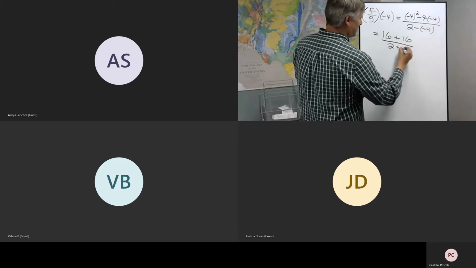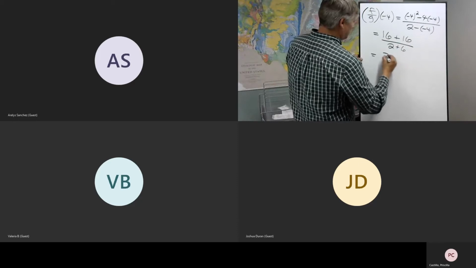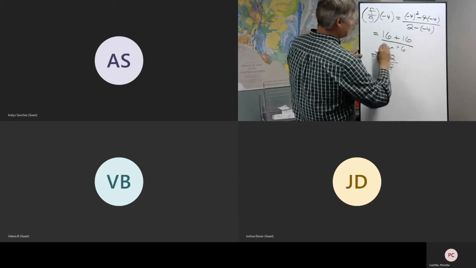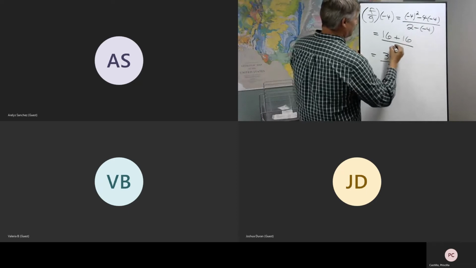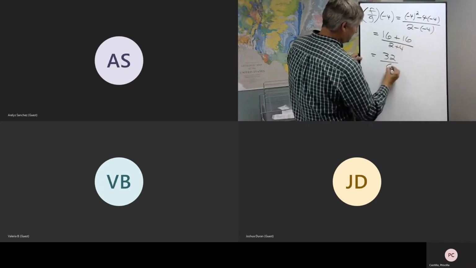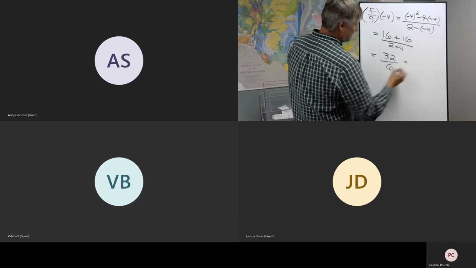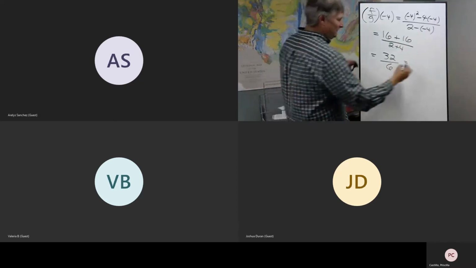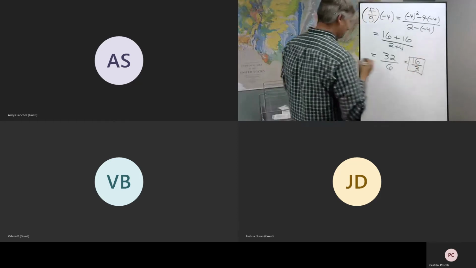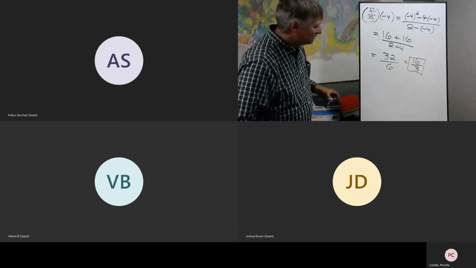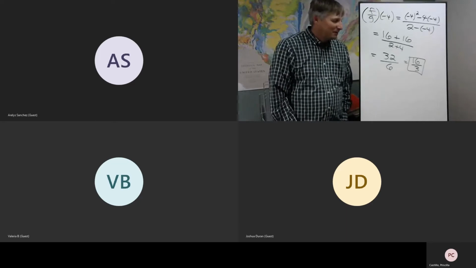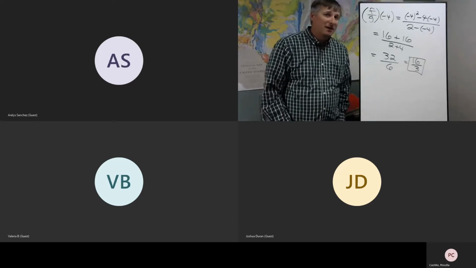Double negatives becomes a positive. This becomes 2 plus 4. 32 over 6. And we can reduce that down to 16 over 3. And that's going to be our answer. Questions about that?